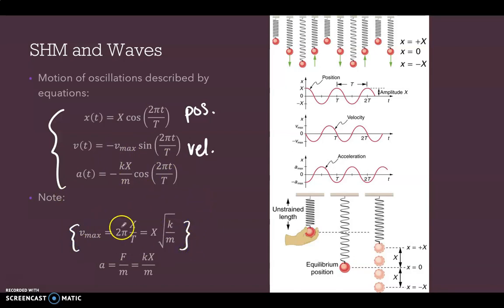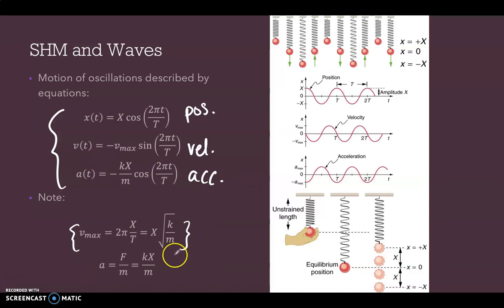I believe the book describes it a bit more, but for now we can just say this is v max. Then we have the acceleration at some time t, which is equal to negative k times the amplitude over the mass, times the cosine of 2 pi t over the period.